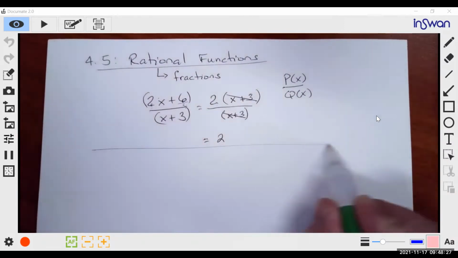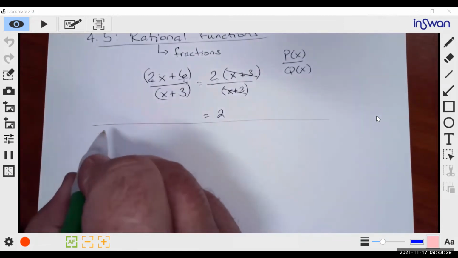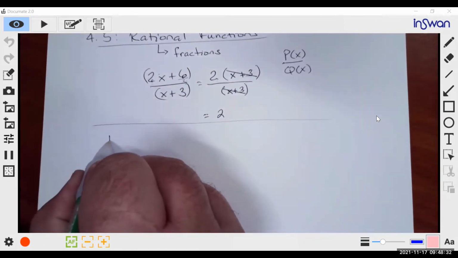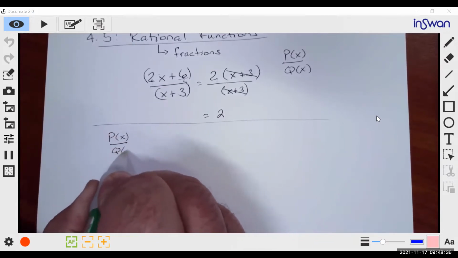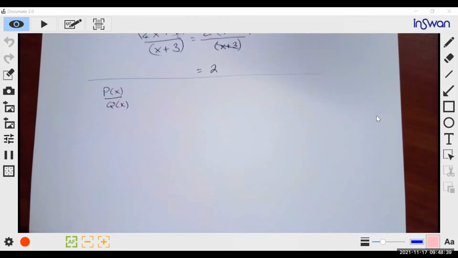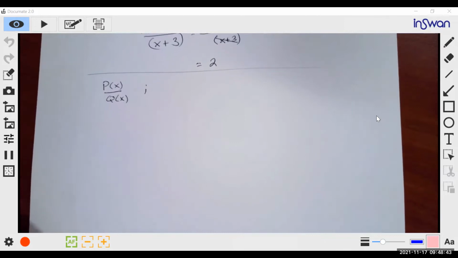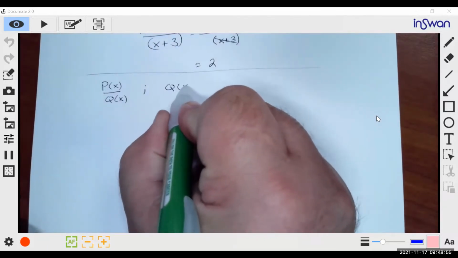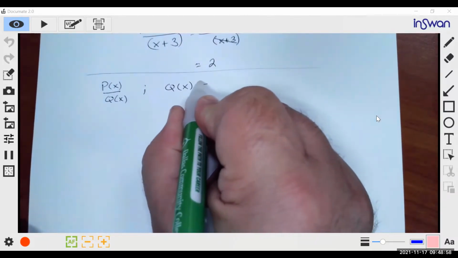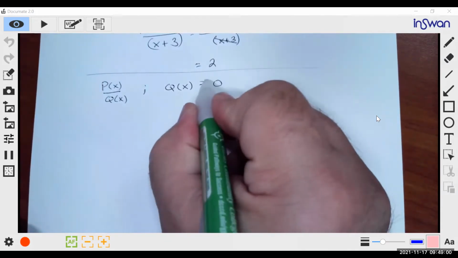So because we have polynomials, equations on top and bottom, what has to be true? What can we not have in a fraction? The bottom cannot equal 0.